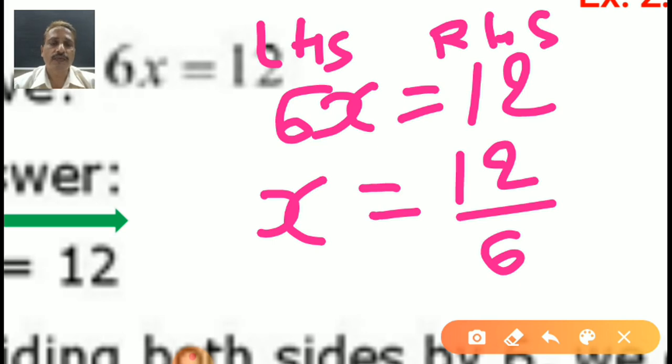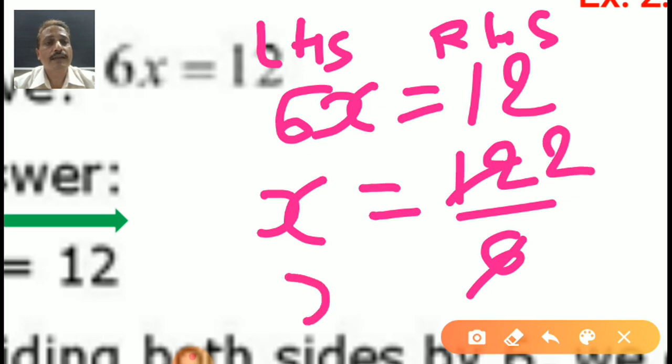On the right side the number is 12, so it will be divided by 6. Just now we did it in the previous example. 6 1s are 6 and 6 2s are 12. Cut it. So now x becomes 2.